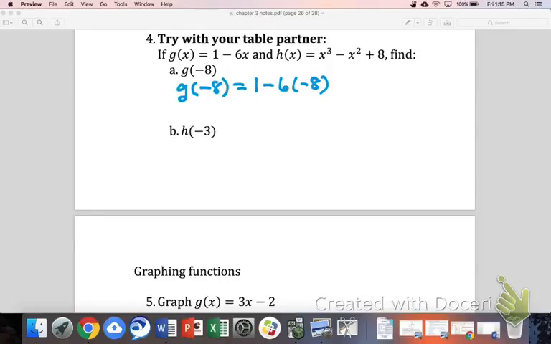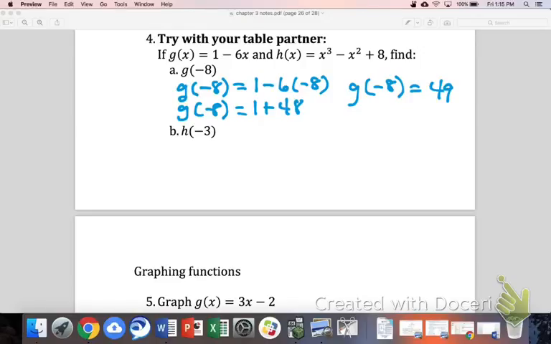So essentially all I've really done is replace any x's I saw with a -8. And we follow order of operations. -6 times -8 is positive 48. So that would be 1 plus 48. We know that 1 plus 48 is 49. So a nice presentation of the answer would be g of -8 is equal to 49. And we're done.